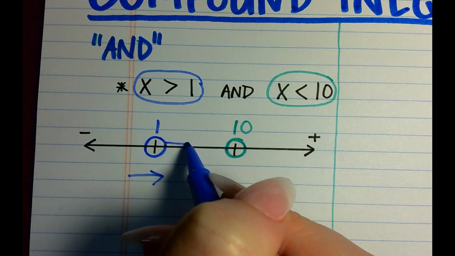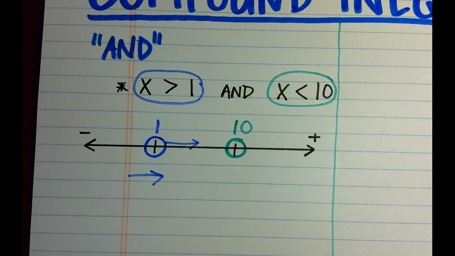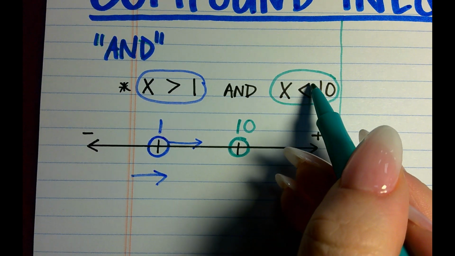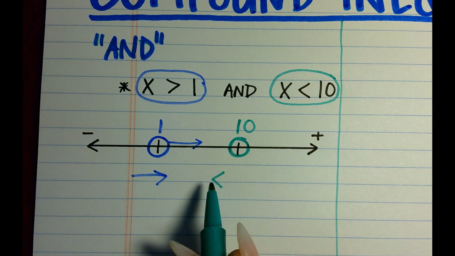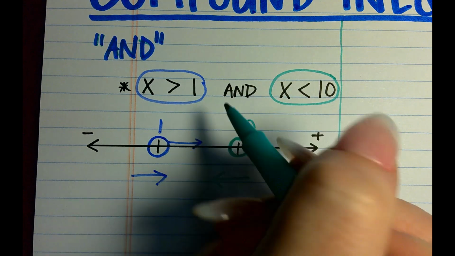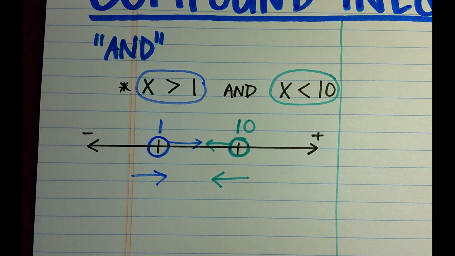So I'm going to draw a little line going this way just to tell myself I'm going to shade that way, but I don't want to color it in just yet. We're just making a mental note. And then for x is less than 10, my less than symbol tells me to shade this way, to the left. Good. So I'll draw a little arrow like that.